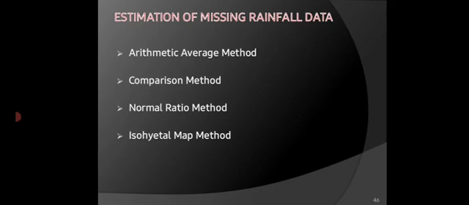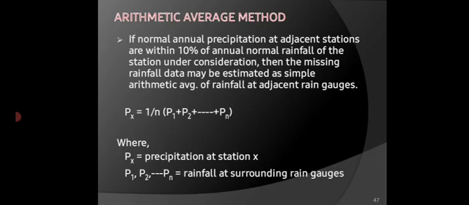So first is the arithmetic average. As the name says, what do we have to do? Average of what? Rainfall. From where? The rainfall collected from the different rain gauges, right? What is an average?